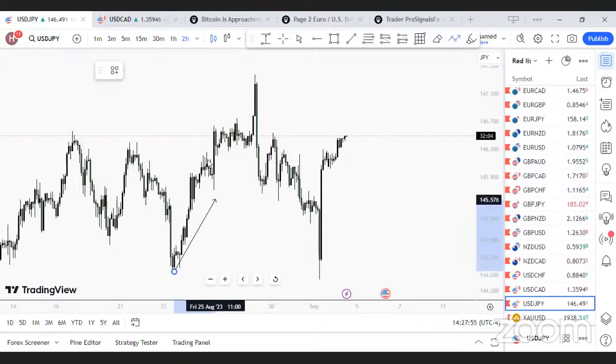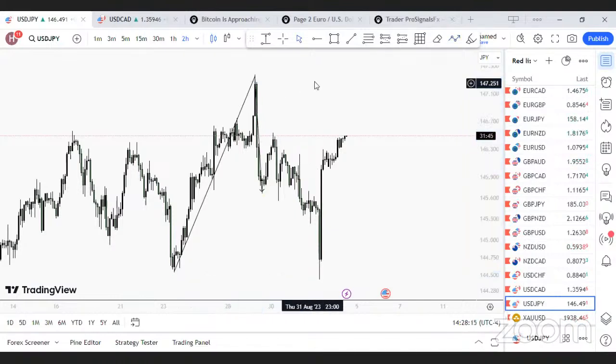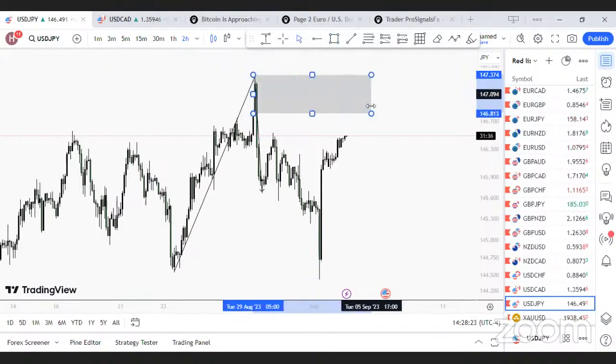When it got here, it made some little consolidations, trying to go up, up, down, up, down, before it finally went up to this zone. Now that this market got to this zone and started doing this, I will immediately want to draw out this area.